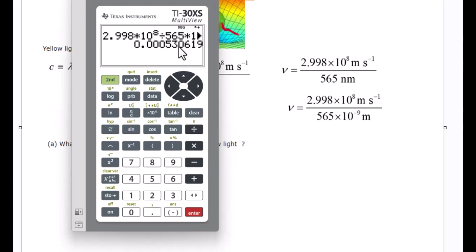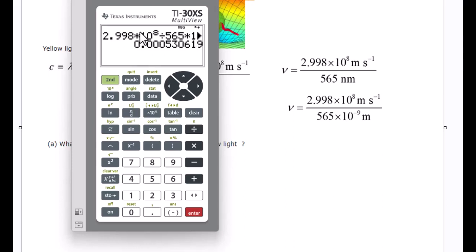Well, what's wrong is that their scientific notation is really a multiplication times this power. When you do this, you're saying, okay, this is all one number, and the E button makes it one number.